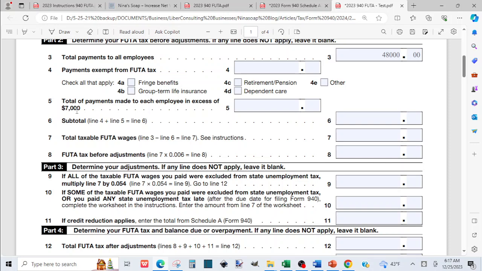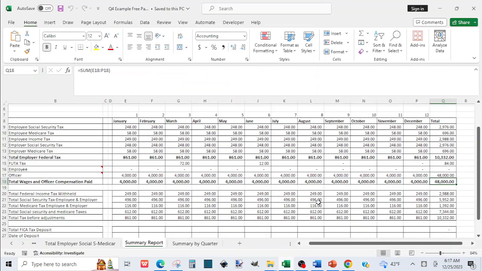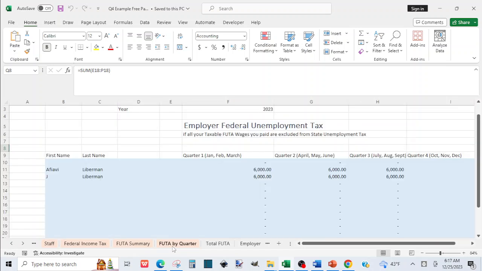Therefore, you want to track your payroll in a way that you can tell when you reach that threshold for each one of your staff members. We will go to our spreadsheet, and go to the FUTA tax to see if the FUTA tax took that into consideration.